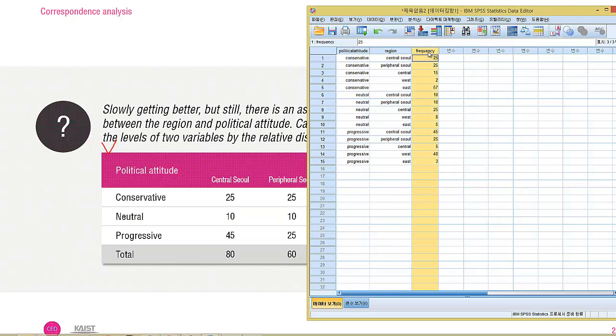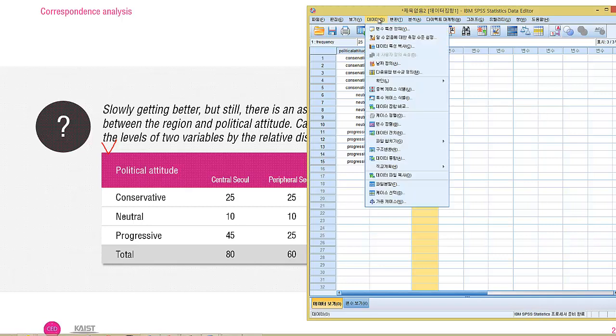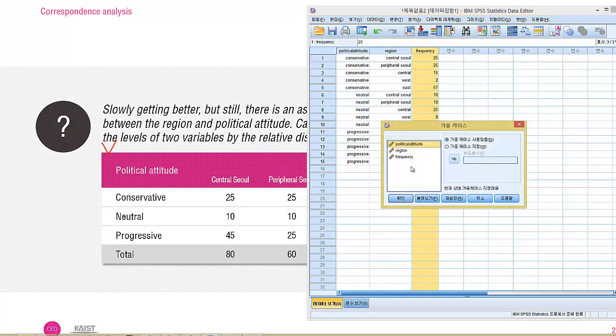And then you assign the weight to the frequency variable. How you can do this is Data, Weight Cases. You select the frequency and you appoint this variable as the weight.